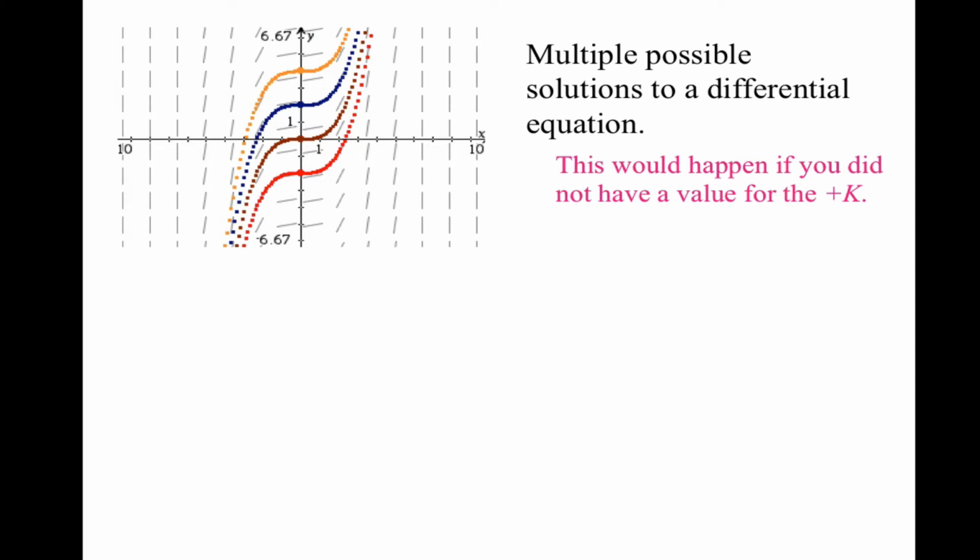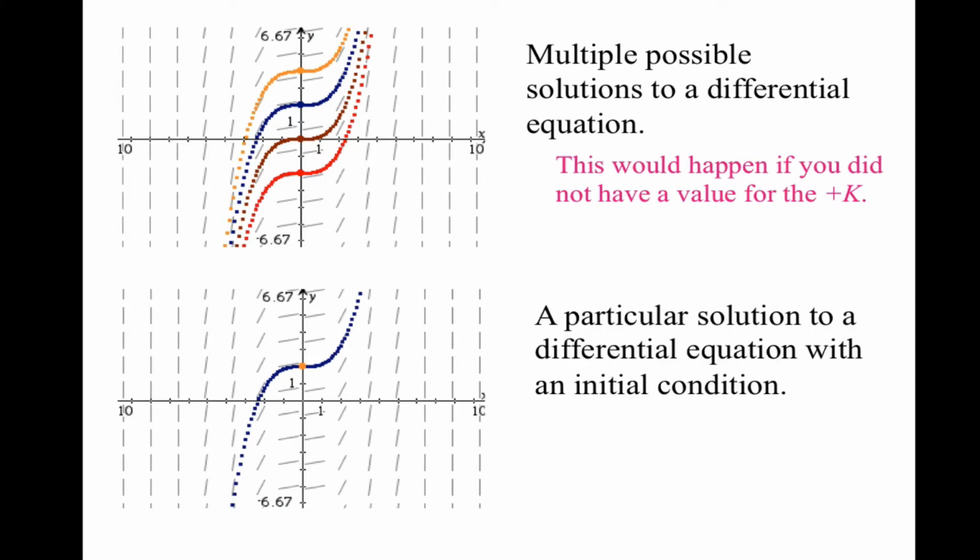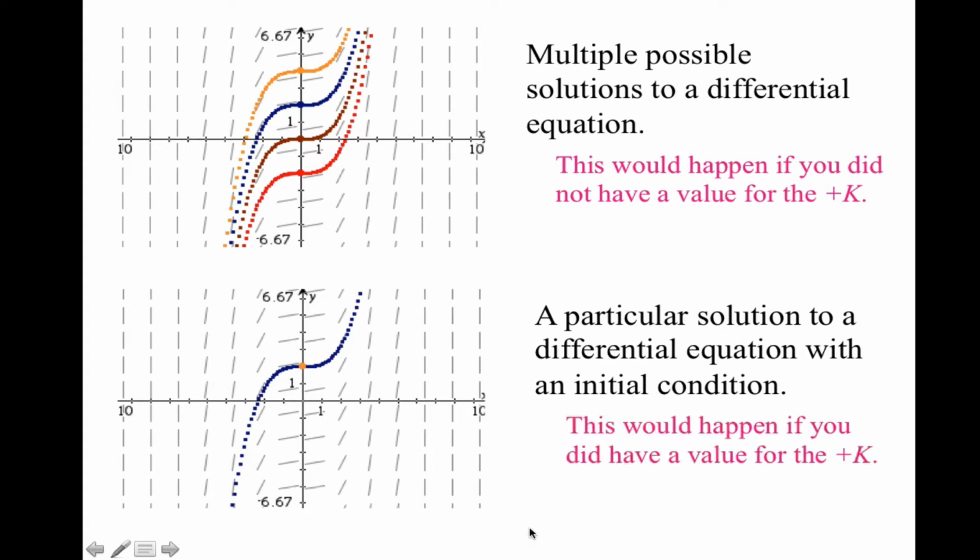If you are not, then on the slope field you have multiple different possible functions or curves that could be the solution to that differential equation. Whereas if you have a specific initial value where you can find k, then you have a particular solution to the differential equation, so you only get one specific curve on the slope field.